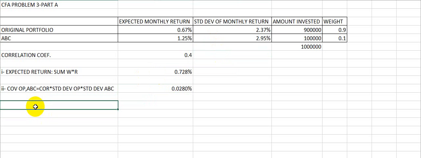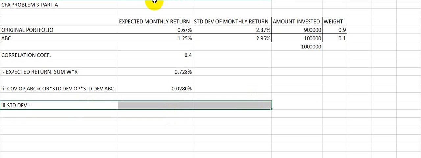As for part 3, it says calculate the standard deviation of her new portfolio which includes the ABC stock. Now the standard deviation for the entire portfolio after we have included the ABC stocks. Okay, so this is a long equation.